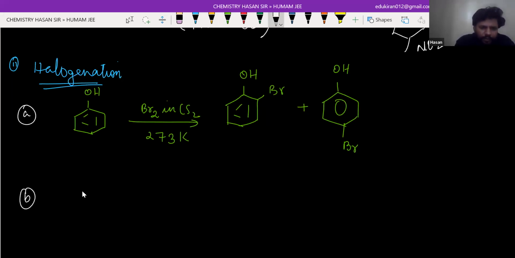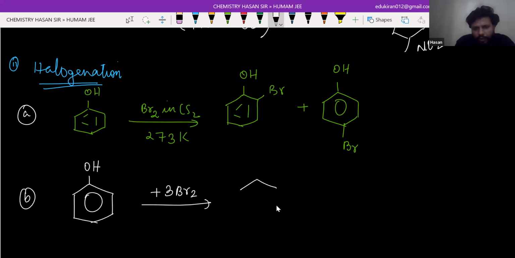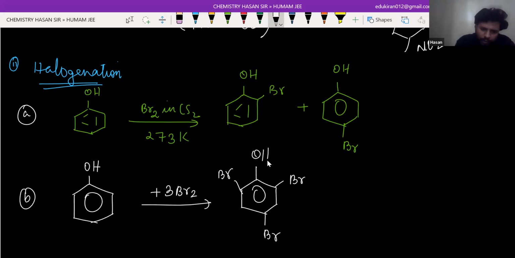The next one: if you are going to use bromine water, or 3Br2, on phenol, there will be introduction of 3 Br plus at ortho, para, and ortho, and 3 HBr will be eliminated. So basically, this is your 2,4,6-tribromophenol.